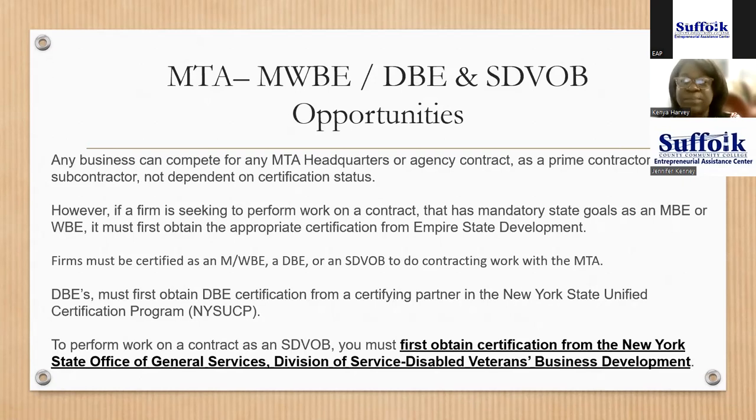DBEs must first obtain DBE certification from a certifying partner in the New York State Unified Certification Program. To perform work on a contract as a service-disabled veteran-owned business, you must first obtain certification from the New York State Office of General Services, Division of Service-Disabled Veterans Business Development.